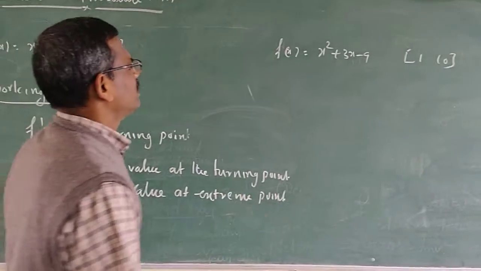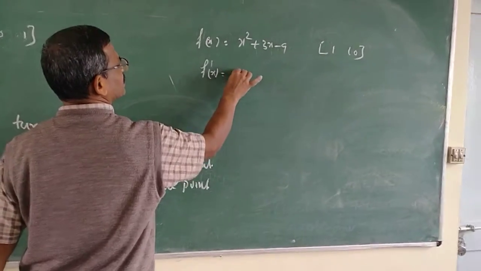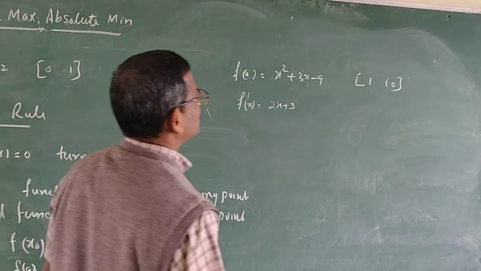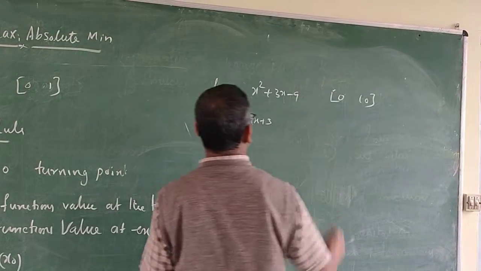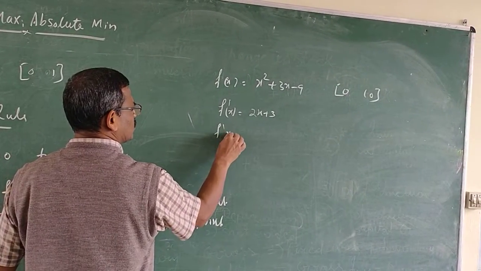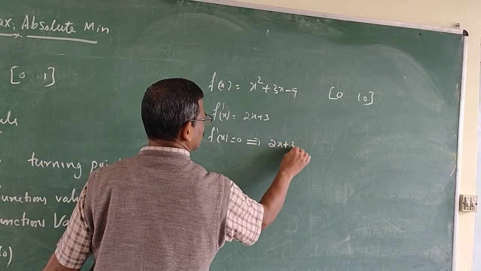A simple example. So the first step is we should find f dash x. f dash x is 2x plus 3. Okay, and let me take this equal to 0. Then f dash x is equal to 0 implies 2x plus 3 is equal to 0.